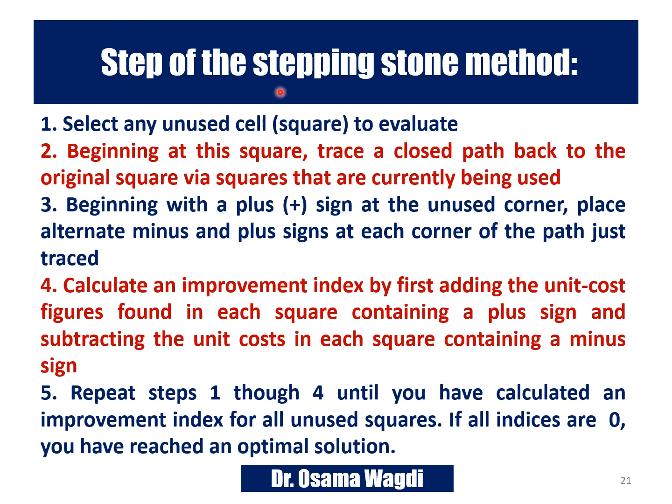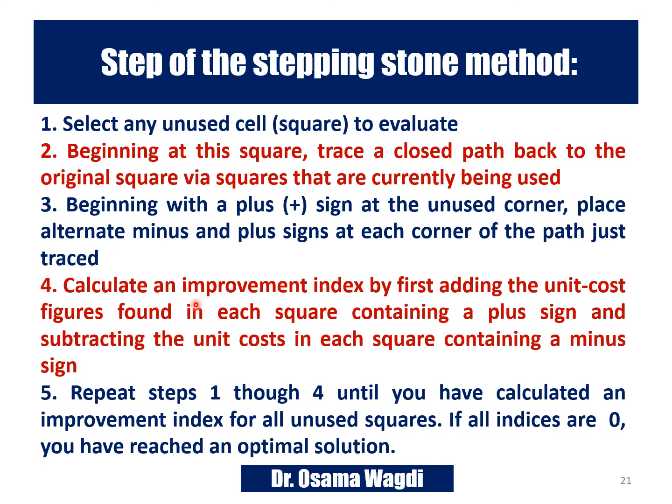Steps of the stepping stone method. First one, select any unused cell square to evaluate. Second, beginning at this square, trace a closed path back to the original square via squares that are currently being used. Beginning with a plus sign and the unused corner, place the alternate minus and plus sign at each corner of the path just traced.